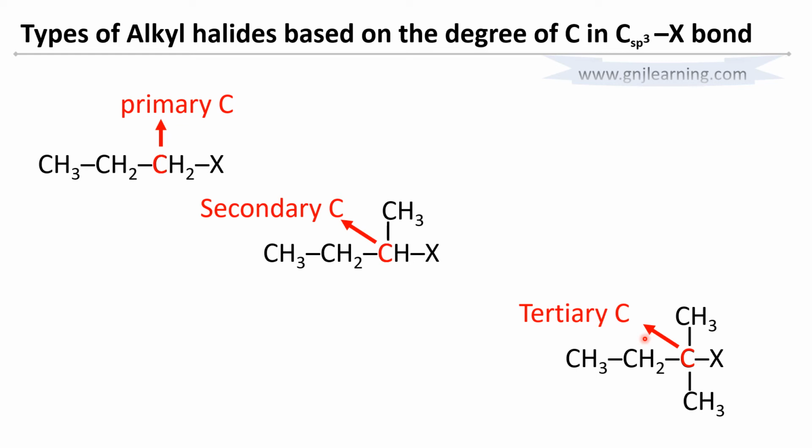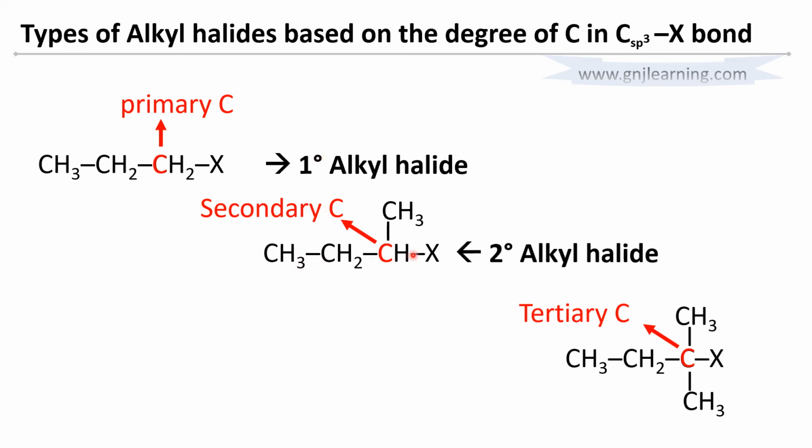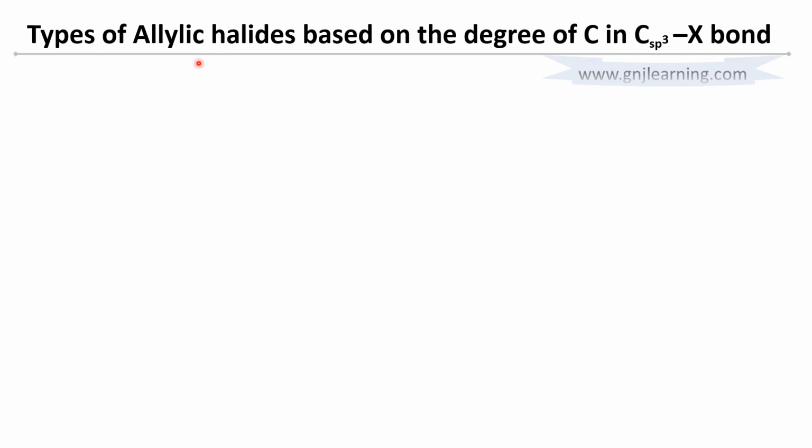Accordingly, alkyl halides are classified as primary alkyl halide. This is the symbol used to represent primary, and this is secondary alkyl halide, and the last one is tertiary alkyl halide. Clear? So this is how to classify alkyl halides. Next we will see how to classify allylic halides.